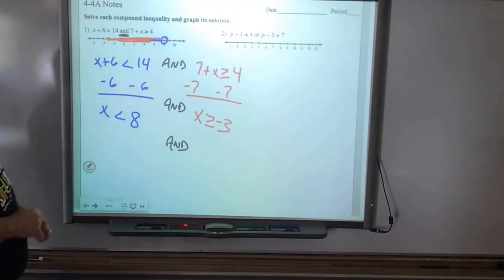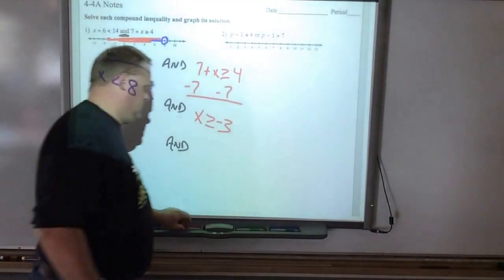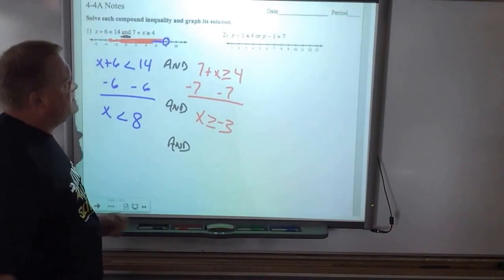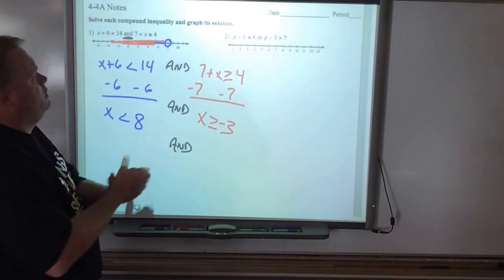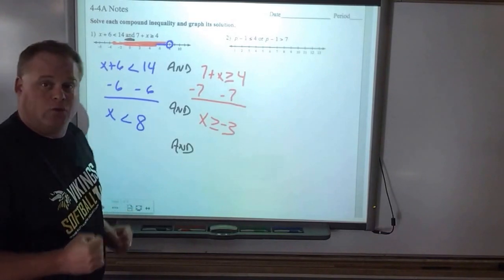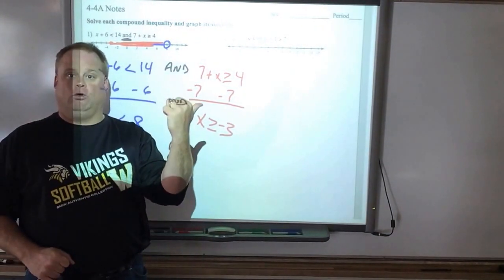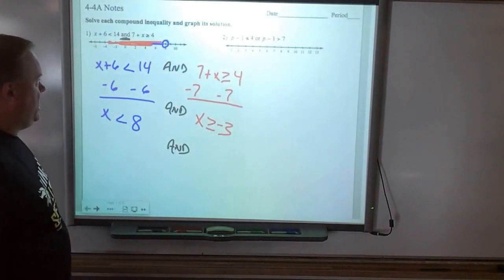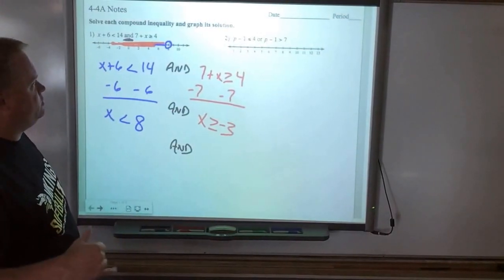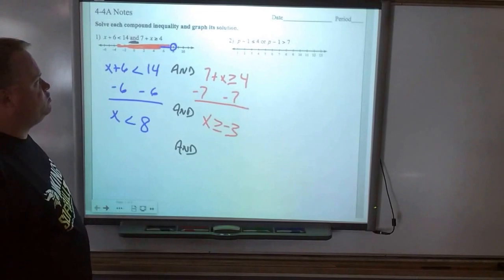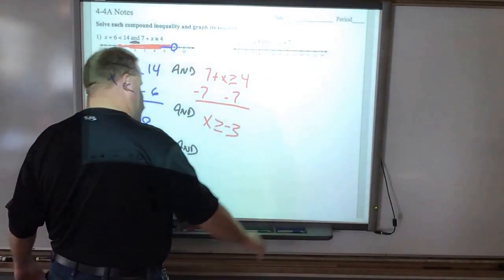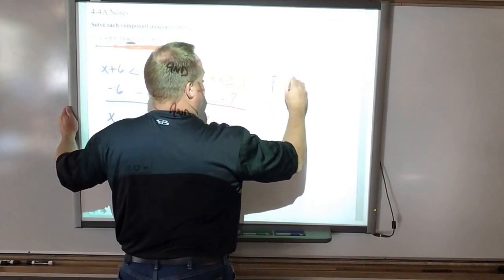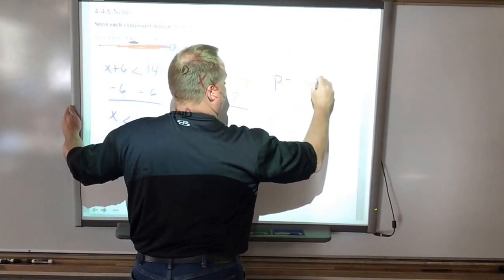All right. Exciting. The next one. p minus 1 is less than or equal to 4. Or, the big word or, which means I'm going to go this way or this way. And I have p minus 1 less than or equal to 4, or p minus 1 greater than 7. Let's do this. p minus 1 less than or equal to 4.